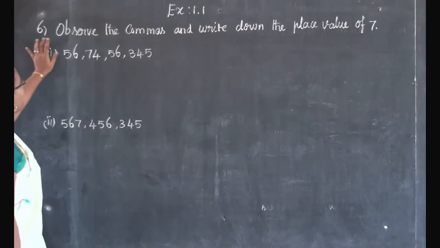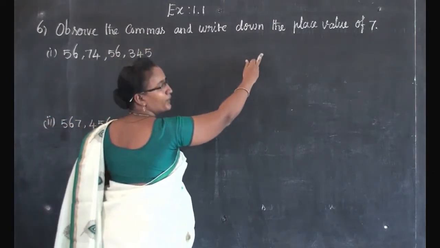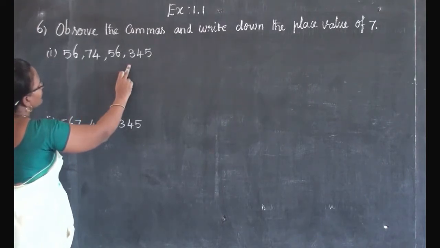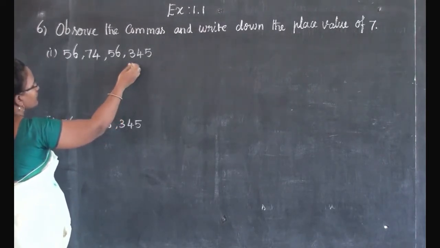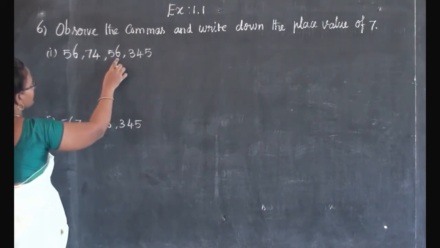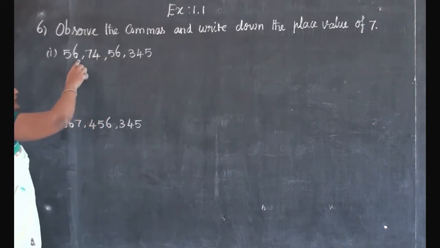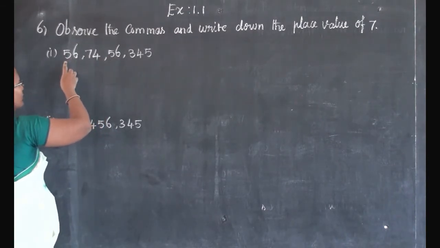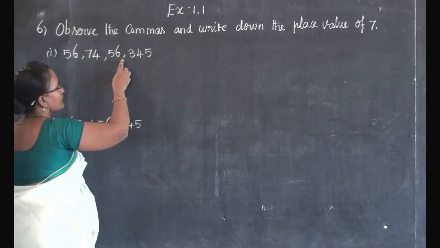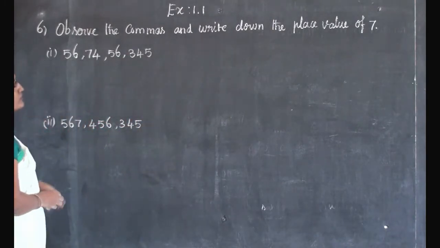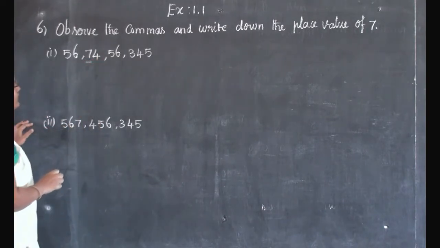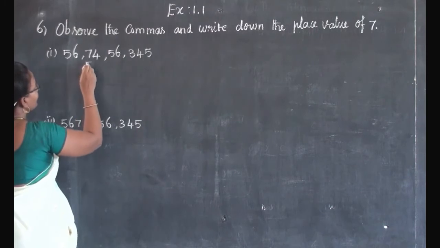Now the sixth one. Observe the commas and write down the place value of 7. It is in the Indian system. So how will you read the number? Ones, tens, hundreds, thousand, 10,000, lakh, 10 lakh, and then crore, 10 crore. So 56 crore, 74 lakhs, 56,345. Now write down the place value of 7. That is 7 here in the 10 lakh place.